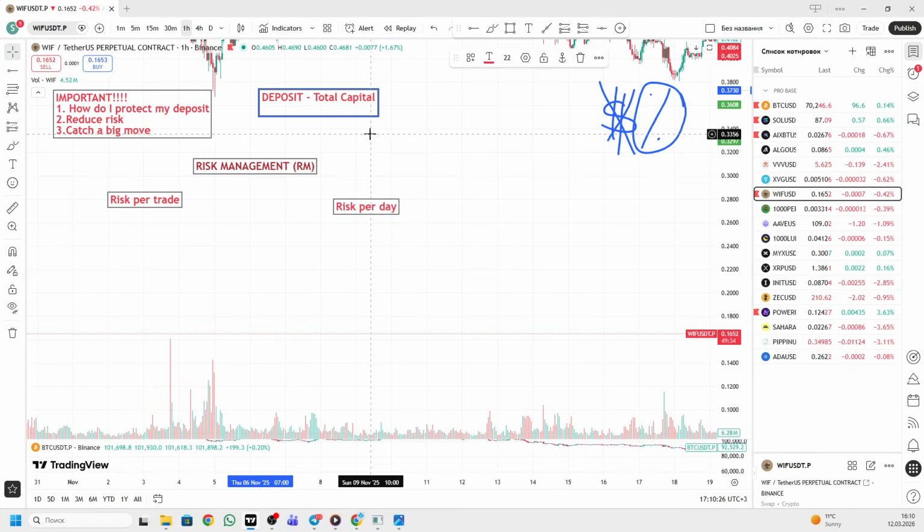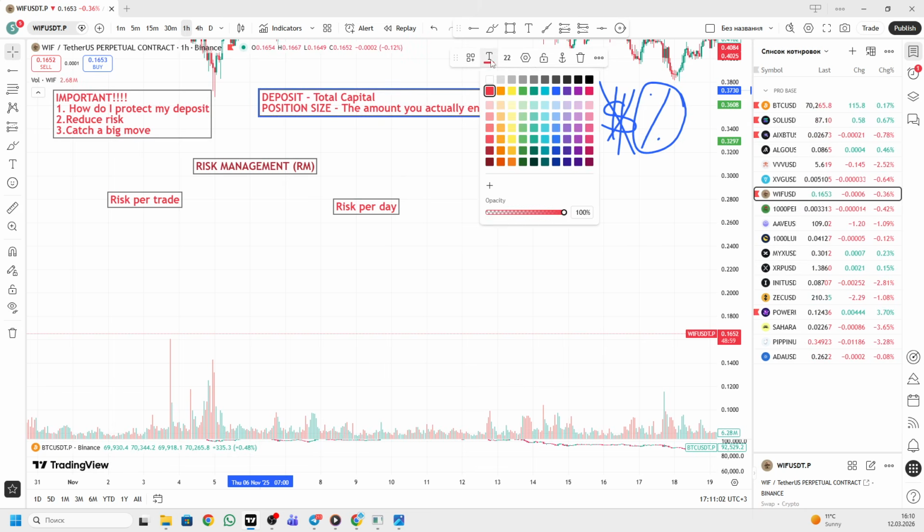Okay, what is position size? Position size is the amount you actually enter the trade with. Let's write this down: the amount you actually enter the trade with.